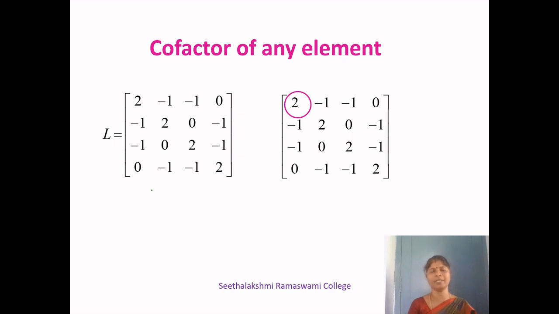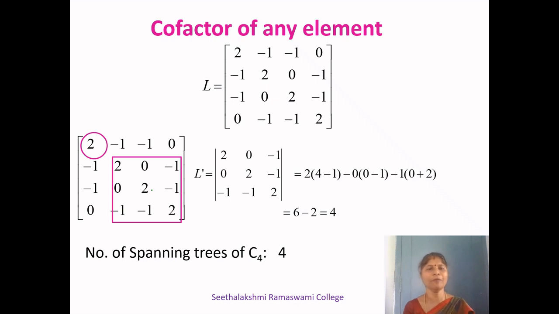Next, to find the cofactor of any element. Let us take the first entry (1,1), which is equal to 2. Now to find the cofactor of this 2, we omit the corresponding row and column of 2.